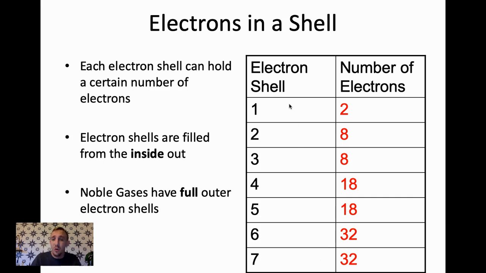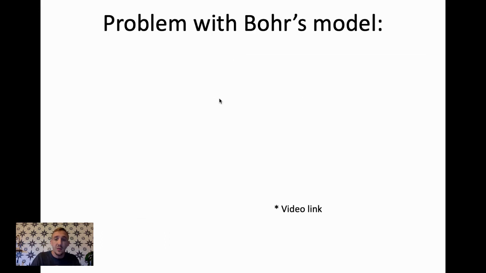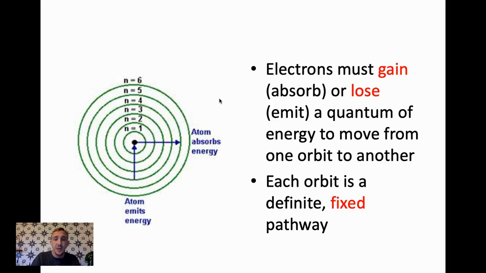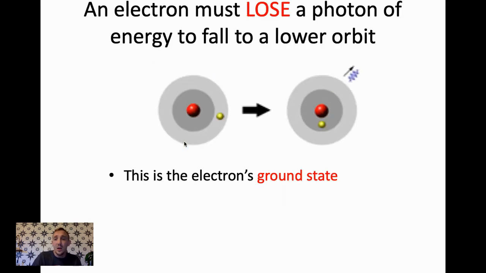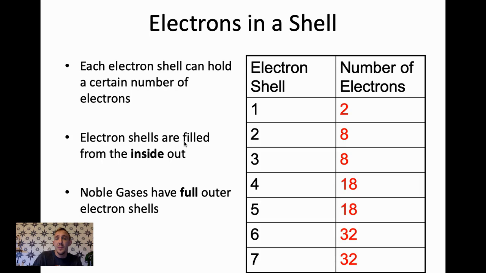So if we're looking at this, as we get further away, you can see there's more space for electrons. So that's why the pattern we see is as we get further and further away from the nucleus, we can hold more electrons. And so noble gases have full outer electron shells. Okay, and we'll be talking about this when we get into periodic trends.